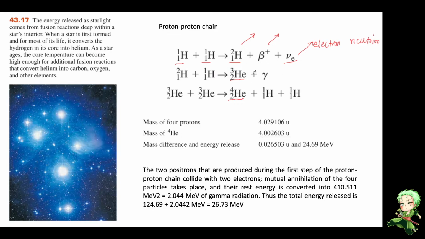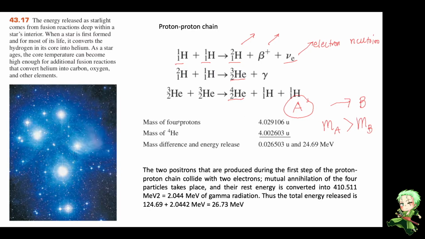Along with this reaction, as I've said in class, if we start with A and we end up with B, if we sum up all the mass of the particles involved in the nuclear fusion, its mass will be significantly greater compared to the mass of its product.